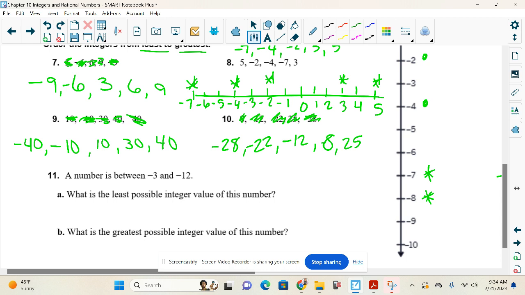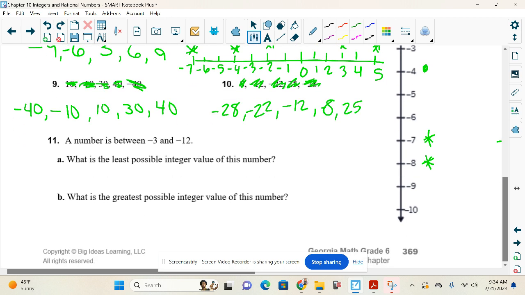All right, number 11 is kind of like some of those puzzles you got to think about. It says a number is between -3 and -12. So it's between here and here on the number line.